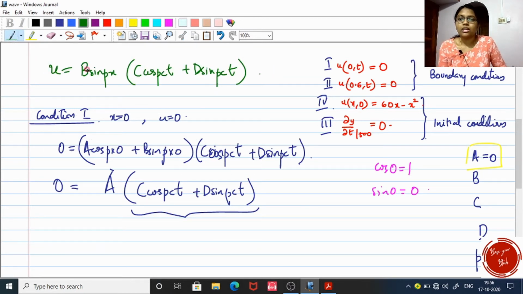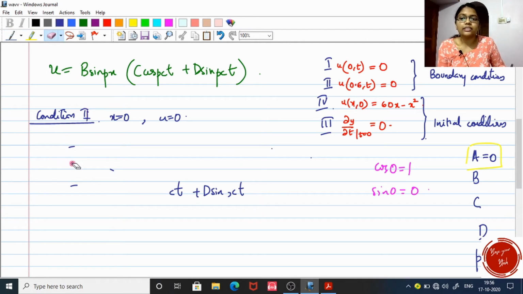Now let's put the second condition. Second condition is u of 0.6 comma t, that is x value is 0.6, and at that point when x equal to 0.6, u is again 0. So let's put the same values over to this latest updated equation.